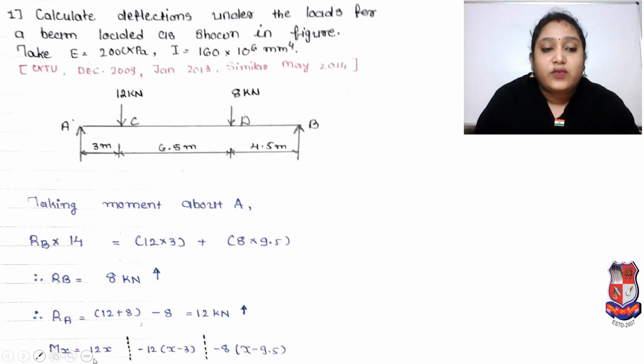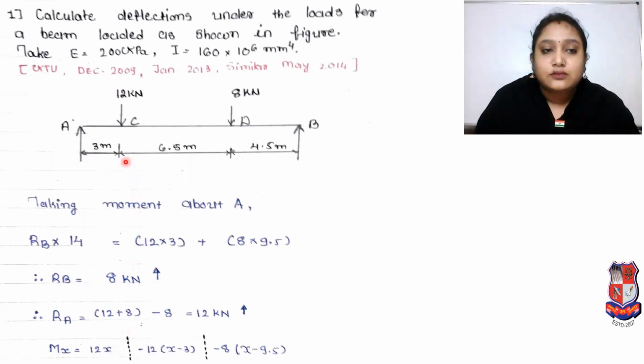So Mx is equal to your 12 into x minus 12 into x minus 3 minus 8 into x minus 9.5. Focus on that red pointer, that is what I am trying to say. Mx is equal to your RA into x, means 12 into x.